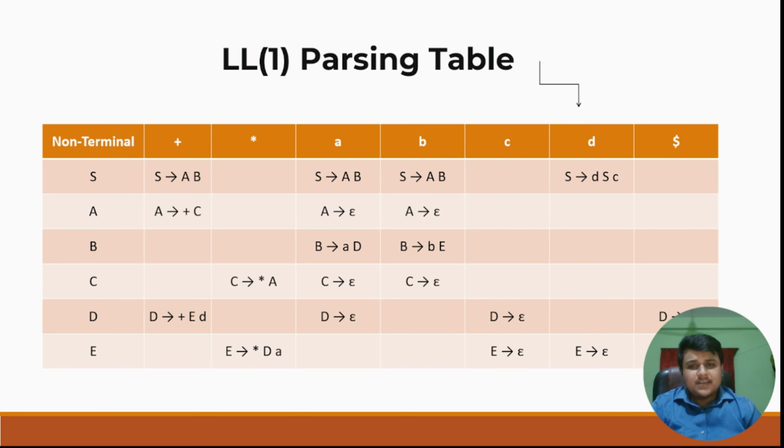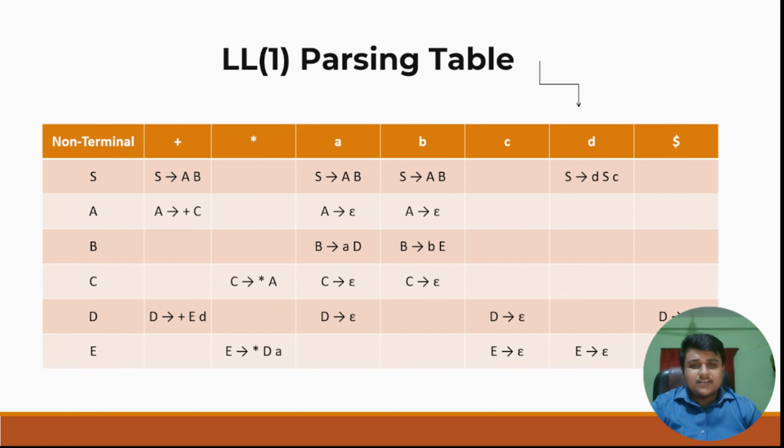So we place A derives plus C in column plus. Next production A derives epsilon. Since epsilon is produced, we use follow of A. Follow of A is a and b. We place A derives epsilon in columns a and b.